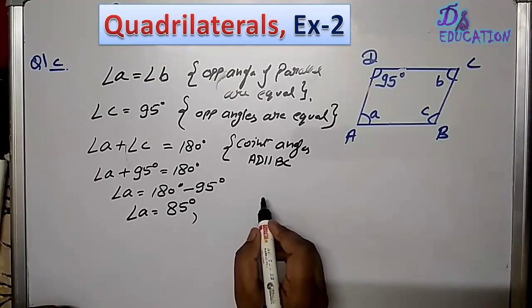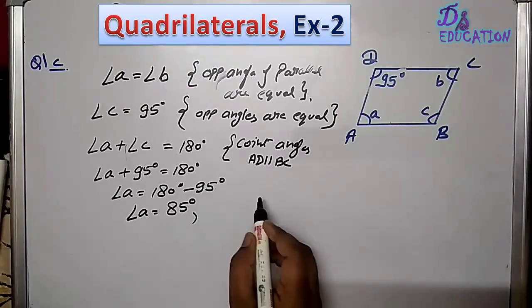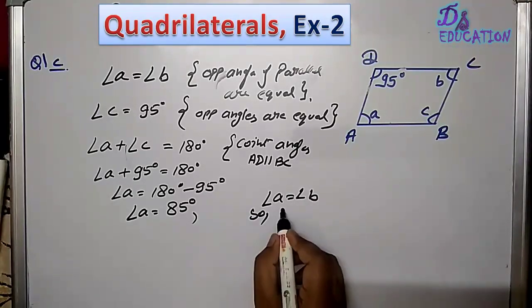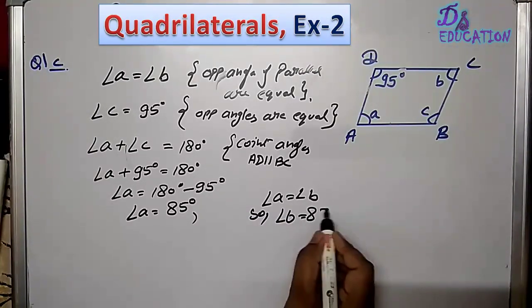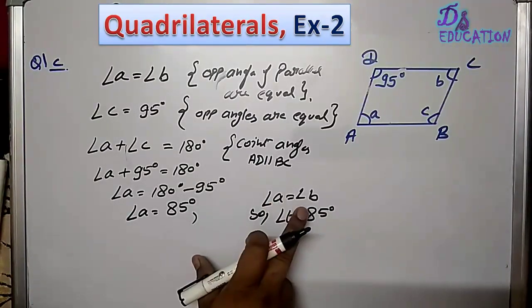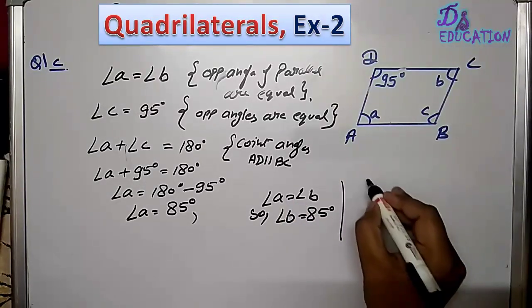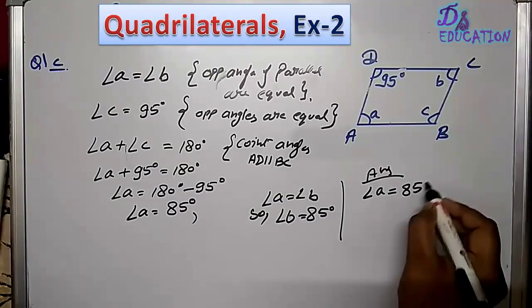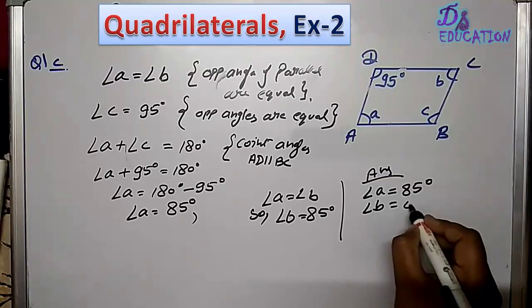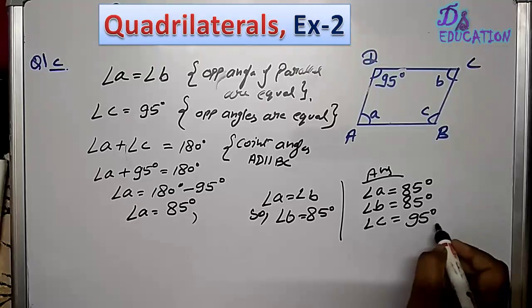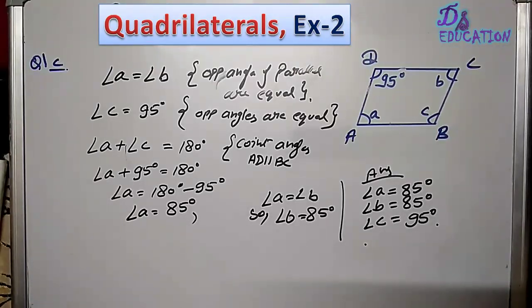Similarly, from the first equation, angle A is equal to angle B, so angle B will be equal to 85 degree, and C is already given. So what are my answers? Angle A is equal to 85 degree, angle B is equal to 85 degree, and angle C is equal to 95 degree. Understood? This way.